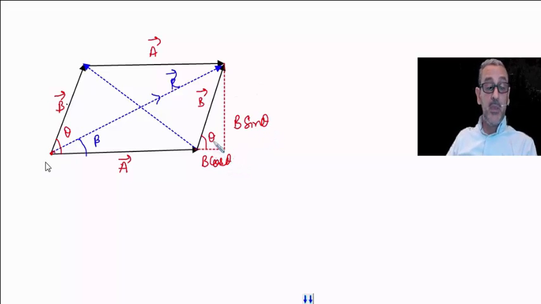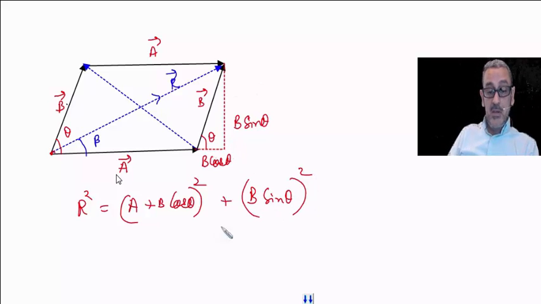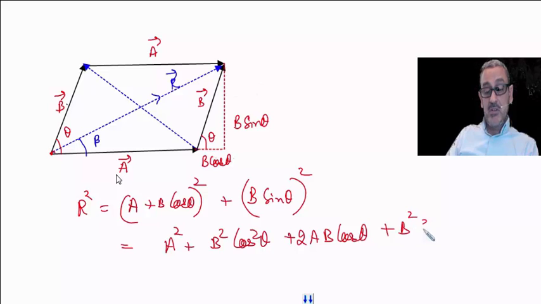So now we find the magnitude. This is a right angle triangle now. Then R square should be equal to this square plus this square. So it is equal to (A plus B cos theta) square plus the perpendicular (B sin theta) square, which means A square plus B square cos square theta plus 2AB cos theta plus B square sin square theta.